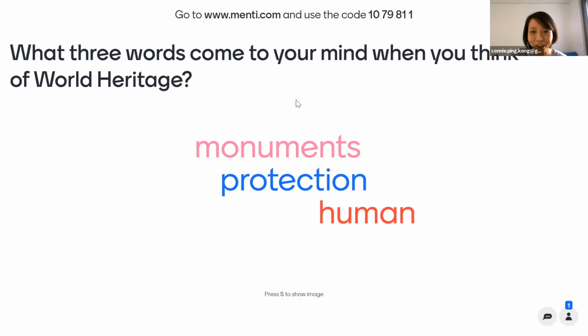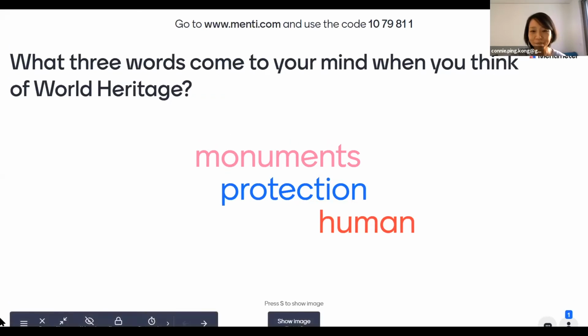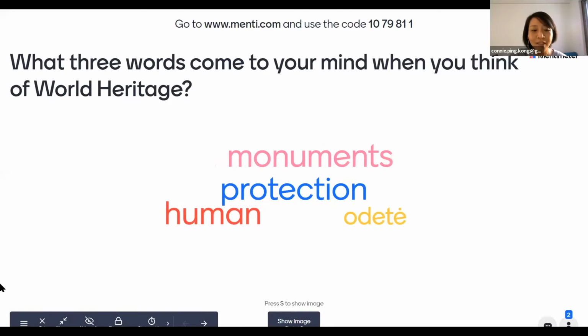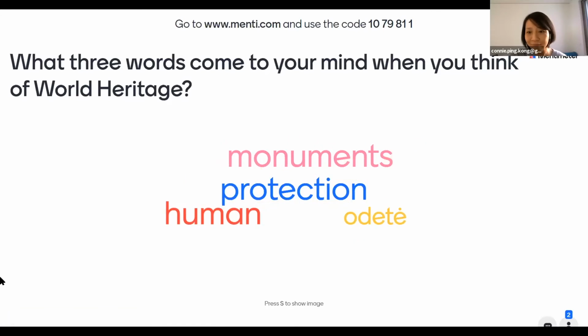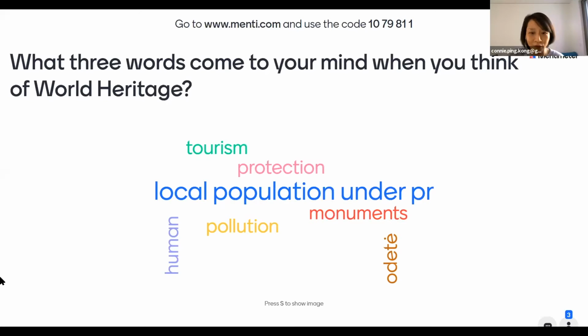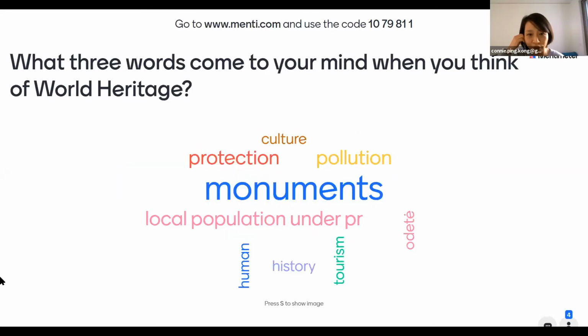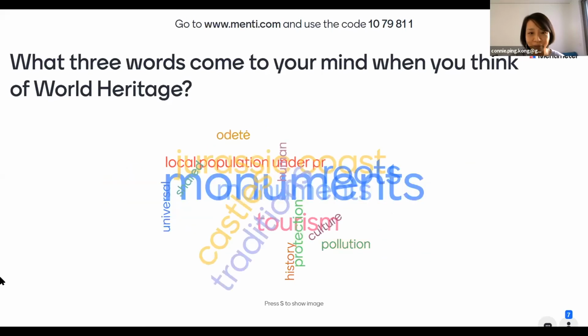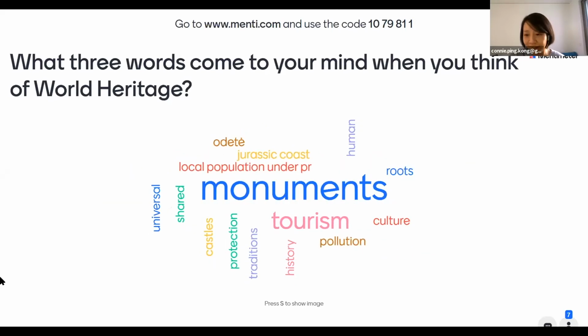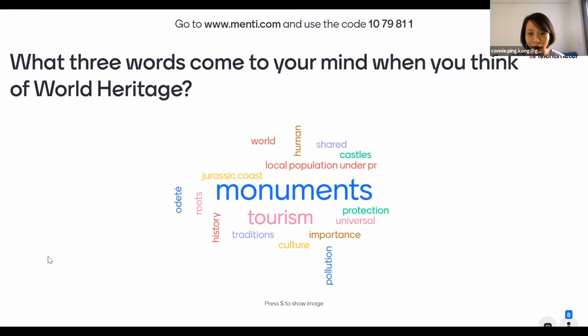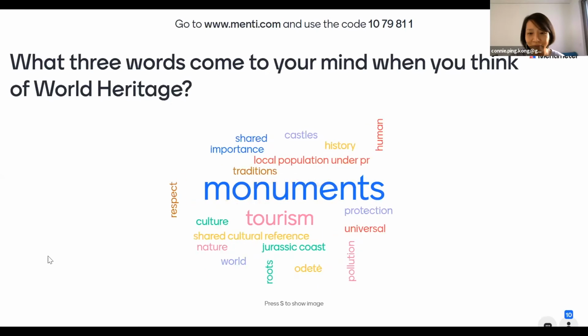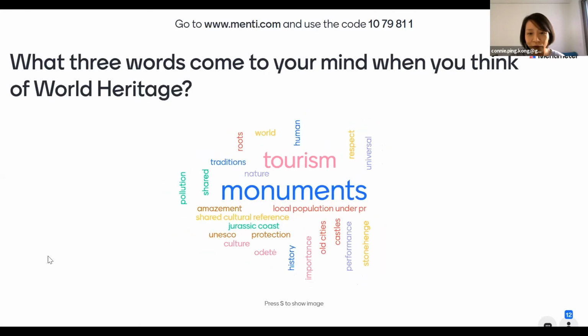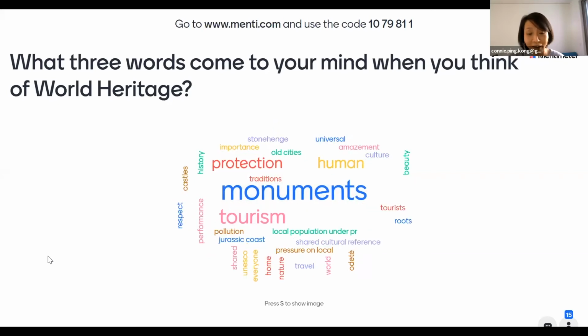Thank you. I already received some very interesting inputs. This is a word cloud. Interesting. So monuments, certainly. The bigger the word, the more people are mentioning it. Culture, pollution, tourism, protection, crafts, history, Jurassic Coast, that is from the UK, I guess.